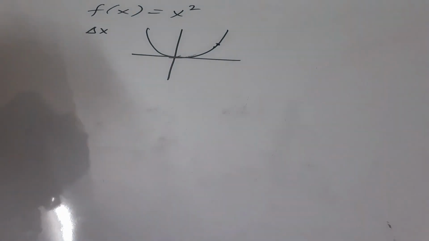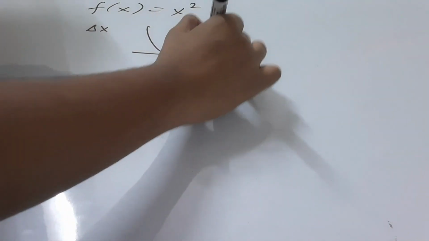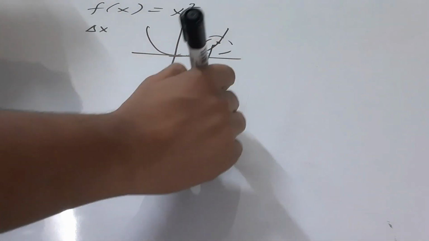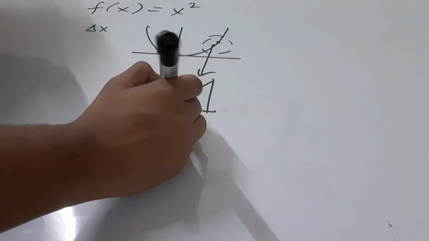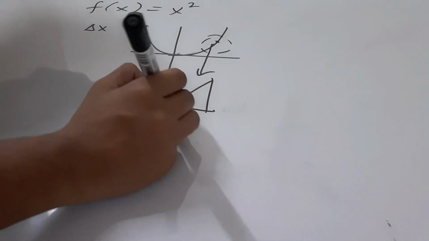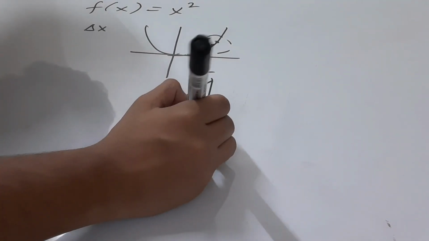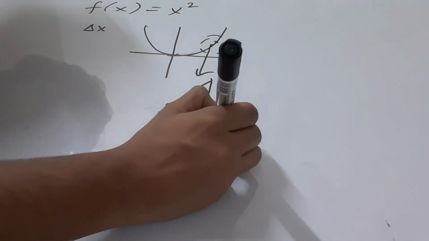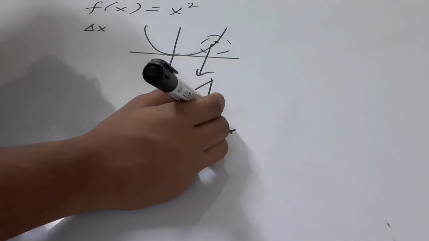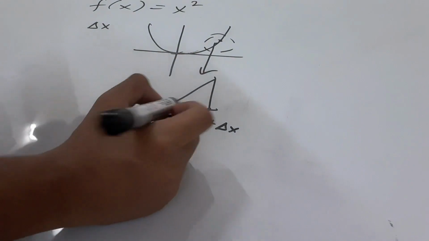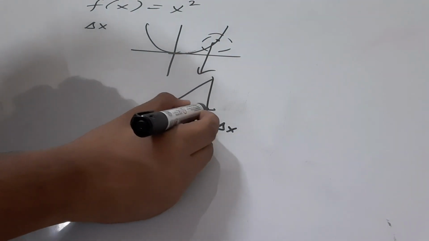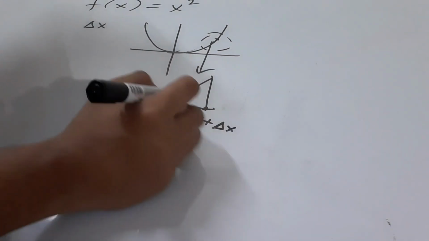If I make this bigger and show you closely, on the x-axis, this is my x, and this point should be x plus delta x. This point is x, this point is x plus delta x. Why? Because I travel this delta x, a very small distance, from this point to this point.